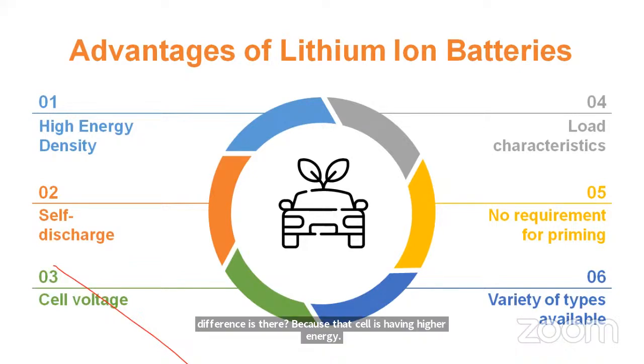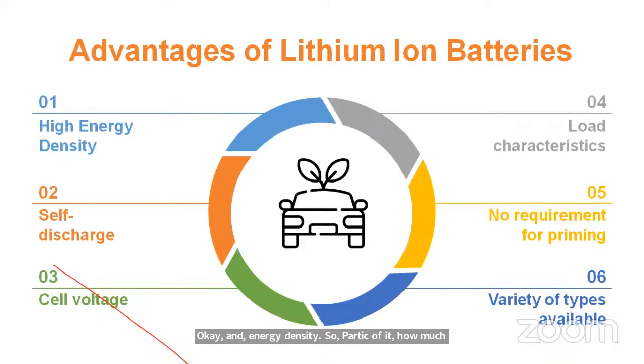And what is energy density? Energy density means per kilogram of weight, how much energy is there. For example, a cell has 1 kg of weight, or 500 gram, or 250 gram of weight. So in 1 kg of that cell, how much energy is there? That is called energy density.